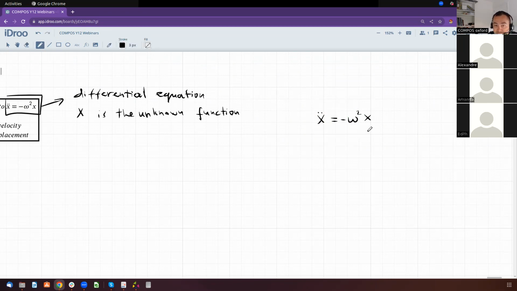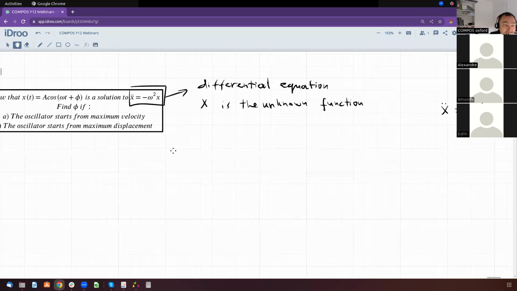Well, x equals 0 obviously is a solution, but we're not interested in that. X equals 0 means it's just a stationary object, and a stationary object will remain stationary. So it's a solution, but not a particularly interesting one.